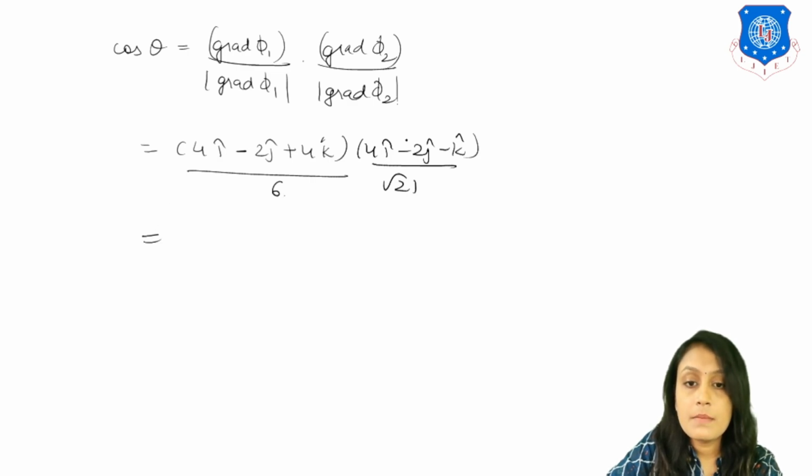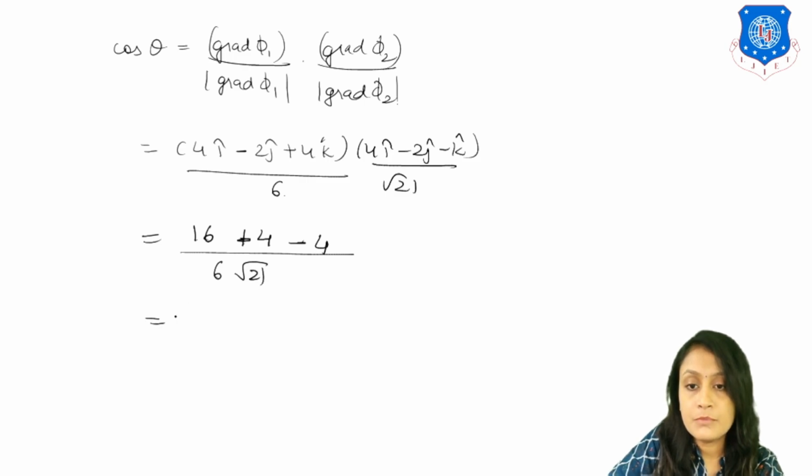Just simplify this. So 4 into 4 gives you 16, then minus 2 into minus 2 gives you plus 4, and 4 into minus 1 gives minus 4. So it will give you 16 upon 6 under root 21.